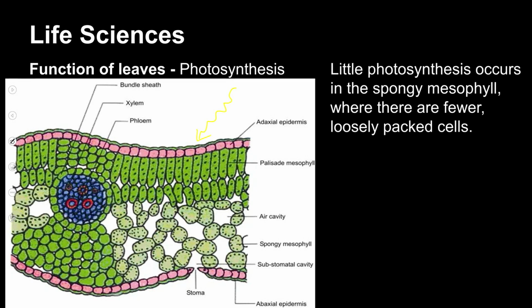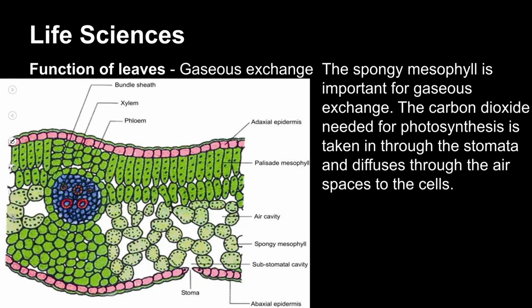Water is also needed. Water comes out of the xylem and goes into the palisade mesophyll so that photosynthesis can occur. The spongy mesophyll, on the other hand, is mainly for gaseous exchange.